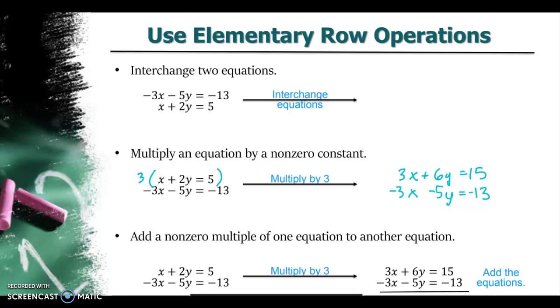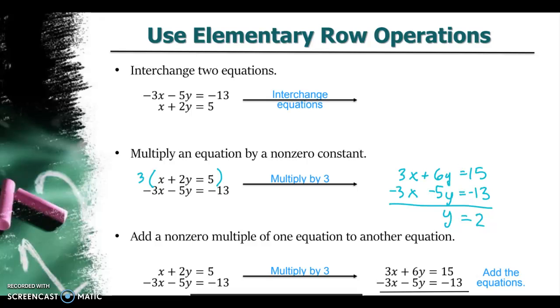So now, what I did when I solved these is I worked with these equations in order to eliminate this variable x, and then I would get y equals 2 after I add the equations. So these are the elementary row operations that we can do to systems of equations in order to eliminate variables and solve for the variables that we need.